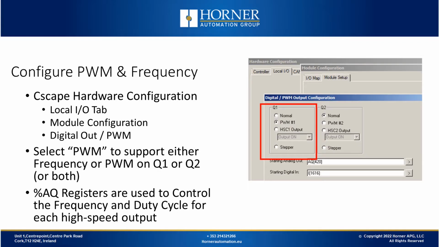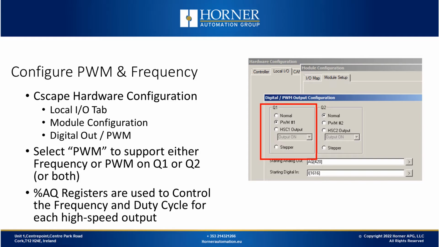Now let's talk about how to configure in the OCS a PWM or frequency output. We need to go to the local I/O tab because this is an I/O configuration type function. We'll go into module configuration and then to the digital output or PWM section. We can configure our output type for Q1 and Q2.